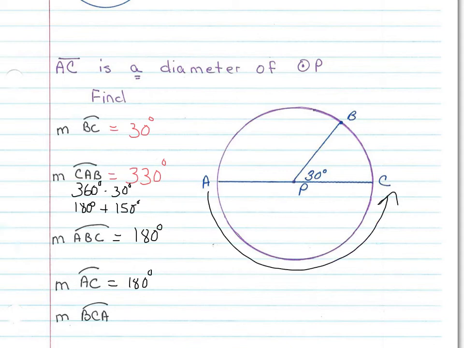If we're saying arc ABC, we're going this way. But either way, you end up at the same spot. What is the measure of arc BCA? Haley? 210 degrees. And how did you get that? 180 plus 30. Okay, 180 plus 30 is 210 degrees.